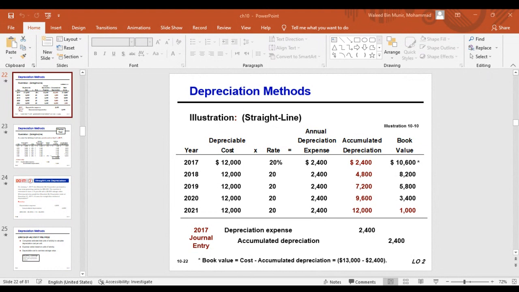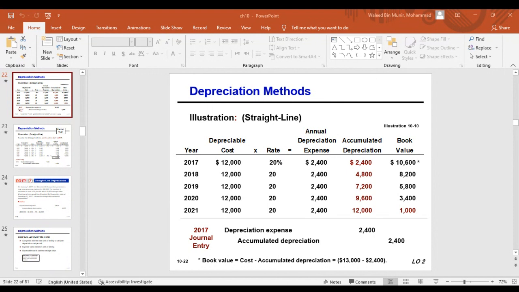So understand the concept, because we are going to use this concept in the next method. Book value cannot be less than the salvage value. You cannot depreciate an asset more than its salvage value. So just remember this concept.